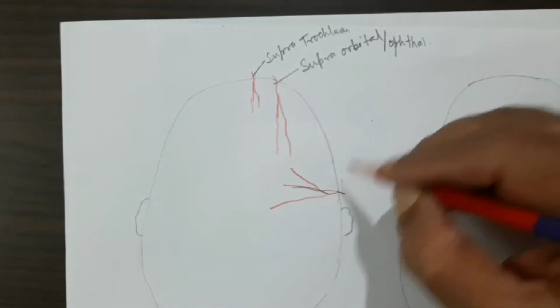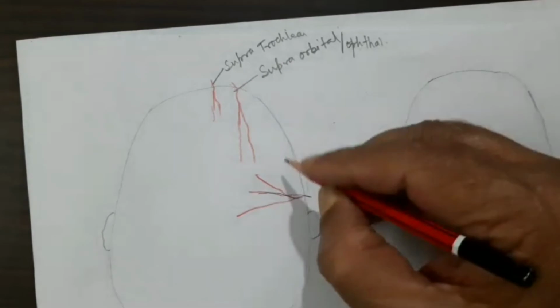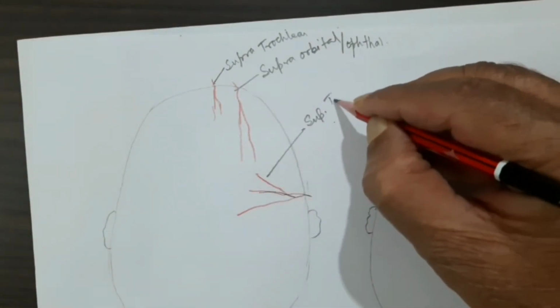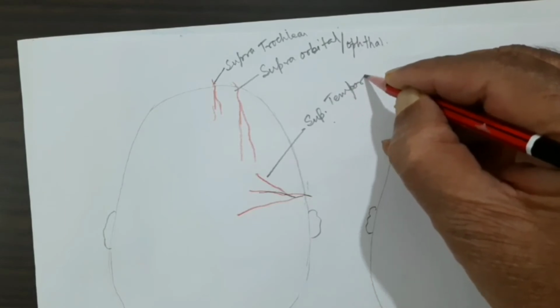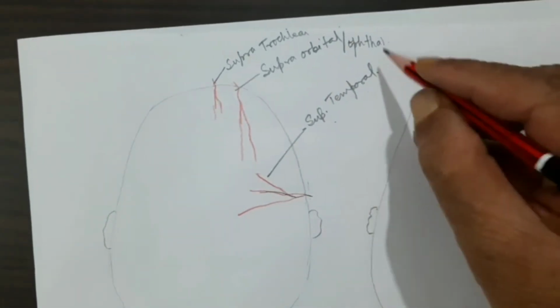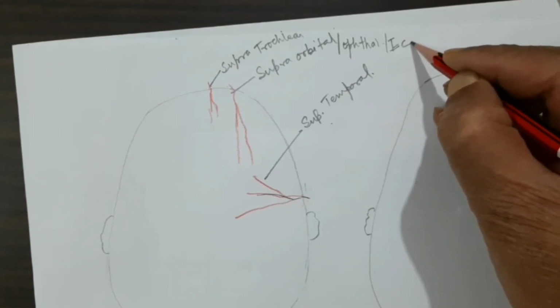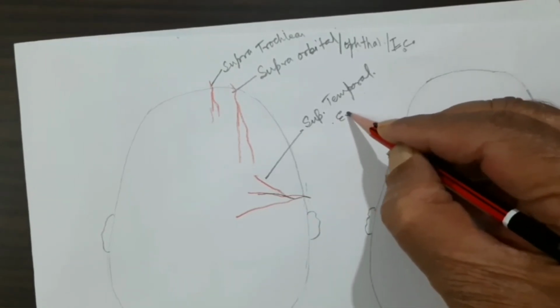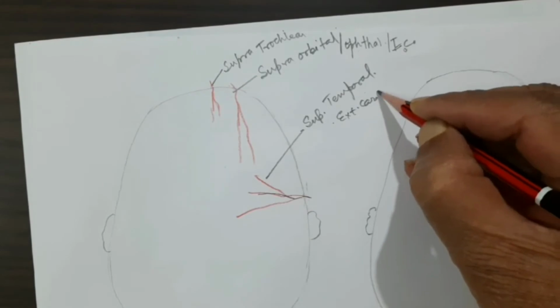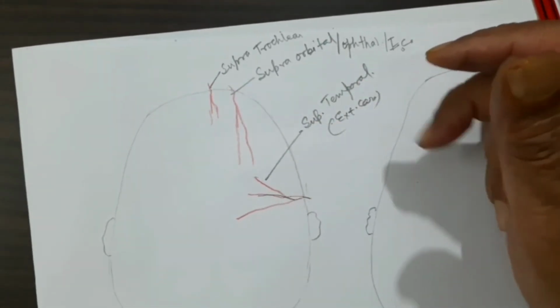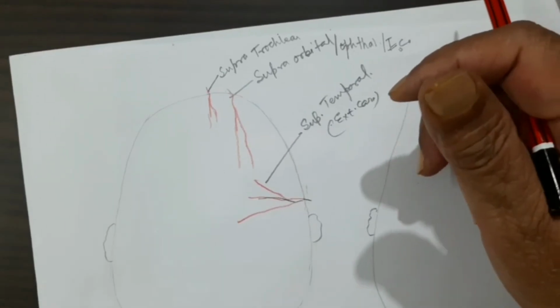I will write sup for superficial, and temporal. This superficial temporal is not a branch from the internal carotid. Superficial temporal is a terminal branch of the external carotid artery.